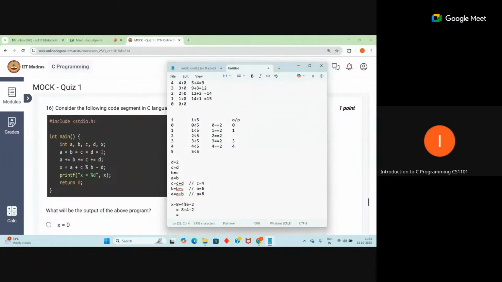Among the plus and minus, both have the same precedence. Then it will check the associativity, whether we need to execute from left to right or right to left. For arithmetic operators, the associativity is from left to right. So first it will evaluate 8 plus 4, that is 12, minus 2, which is 10.